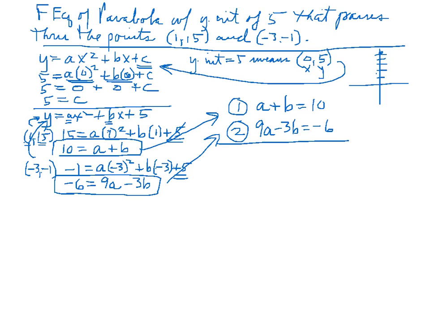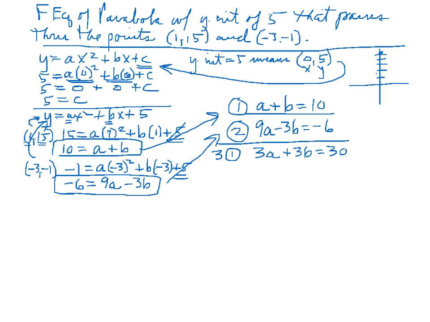Now this is something we did and should recall from the first chapter. I'm going to multiply 3 times the first equation. So I'm going to triple this equation up here, which would be 3a plus 3b equals 3 times 10.